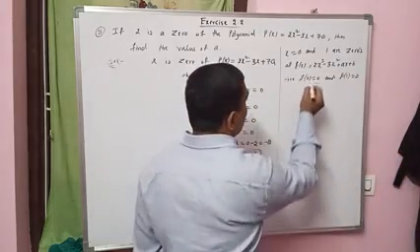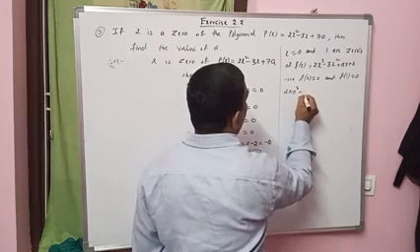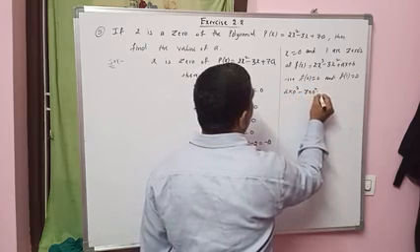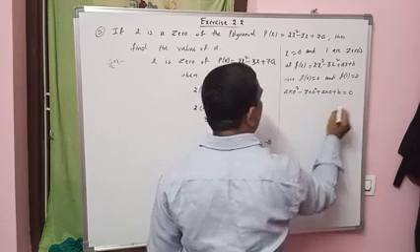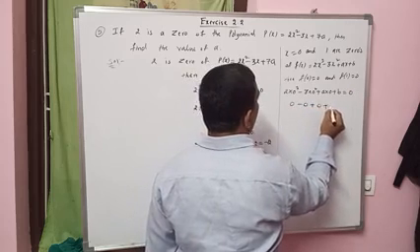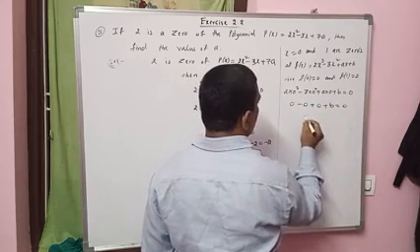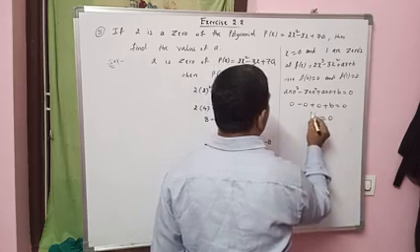How can you find f of 0? Substitute 0: 2 into 0 cube minus 3 into 0 square plus a into 0 plus b equals 0. 0 minus 0 plus 0 plus b equal to 0. That is b equal to 0.